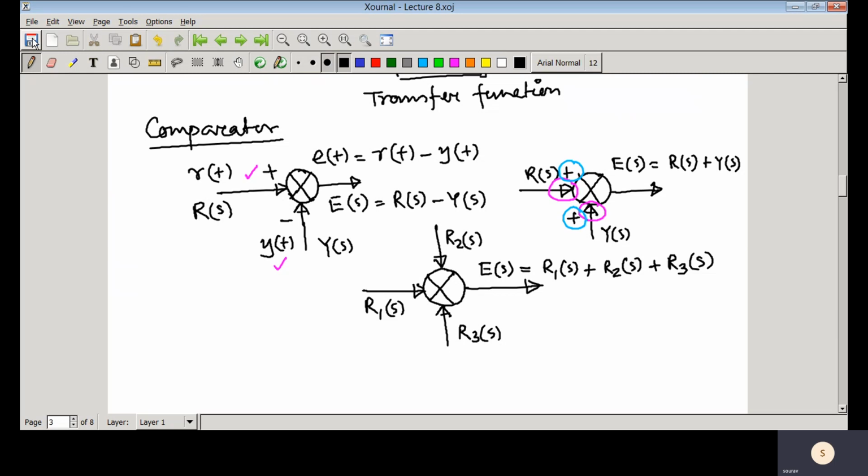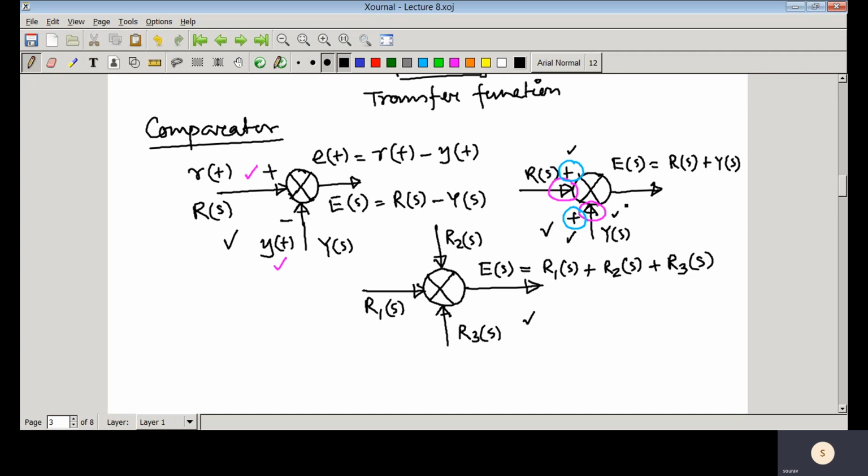You can take positive, so if you think this is a part of the feedback, this is a positive feedback type, here this is a negative feedback type, and here you have considered three signals. And you should not forget, whenever you represent a block diagram and a comparator is involved, to mention the plus or minus sign, and also you should put the arrowhead.